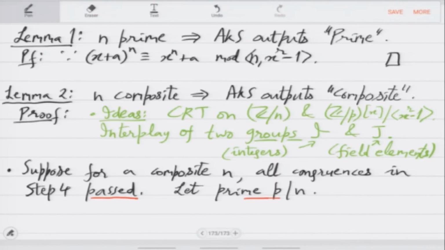So as promised, first we will look at the multiplicative group I of numbers. What are these numbers? I is defined as the group generated by n and p mod r.